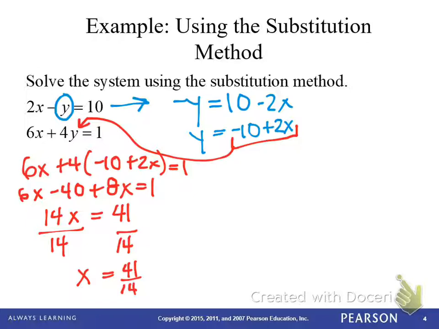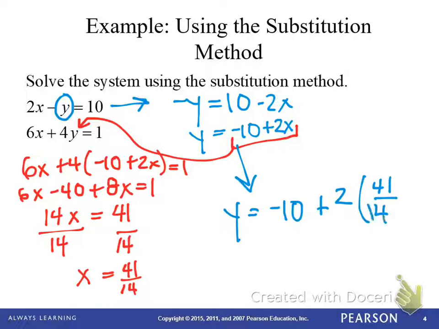Okay. So then to finish solving this one, I still need to find what y is. And so I will take my solved equation for y. So I have y equals negative 10 plus 2 times 41 over 14. Well, the 2 and the 14 will go to 7 in the denominator.